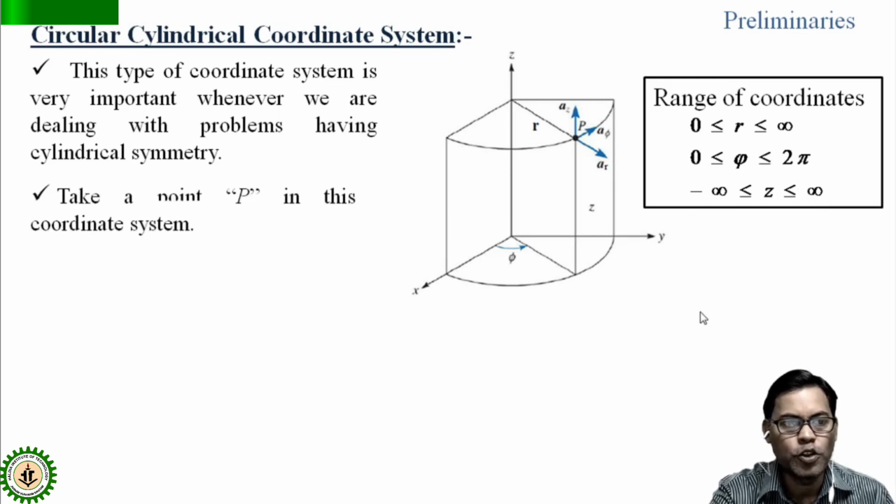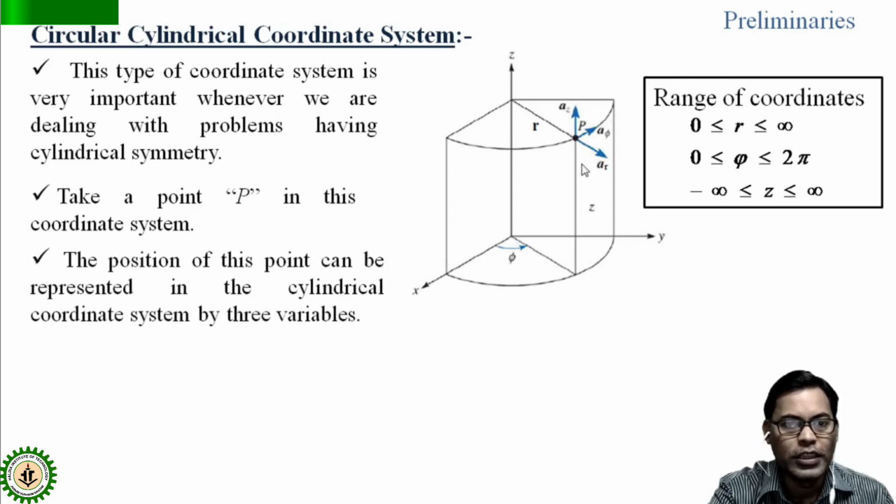So now suppose we have a point P on the surface of the cylinder or surface of the cylindrical coordinate system. Now we want to find out the distance vector from the origin to the point P. So this point can be represented in the cylindrical coordinate system, just like we have represented the point in the Cartesian coordinate system in x, y and z axis.